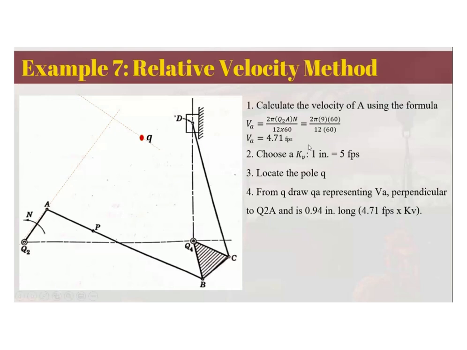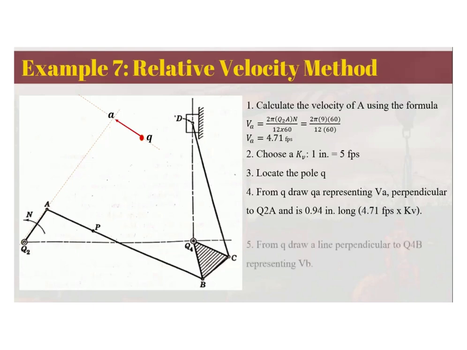I multiplied it with the velocity scale: 4.71 multiplied by 1 inch divided by 5 FPS. That's why I have 0.94 inches long. So I draw the QA, and QA now represents the velocity of A from the pole Q. QA is the velocity of A, that is 0.94 inches long. That is how to draw the velocity of A from the pole Q.